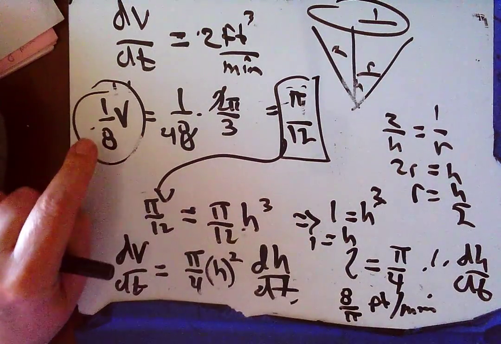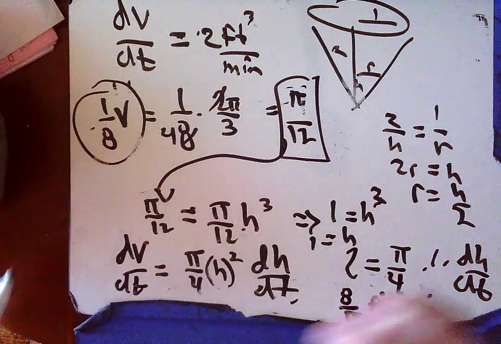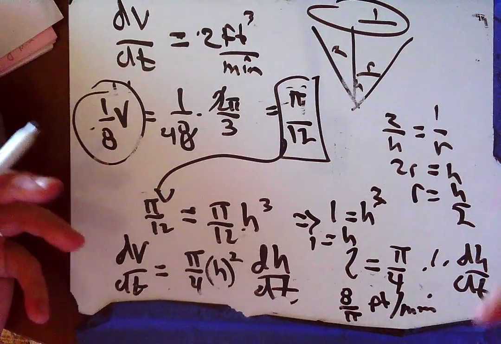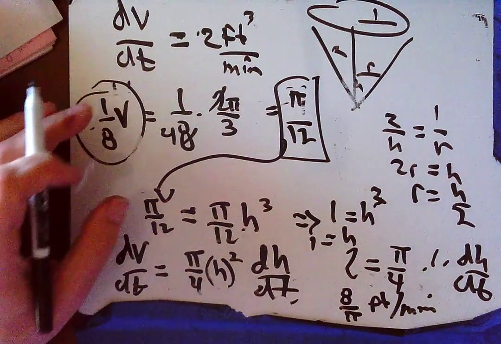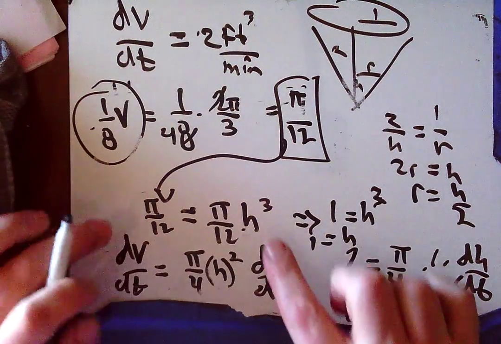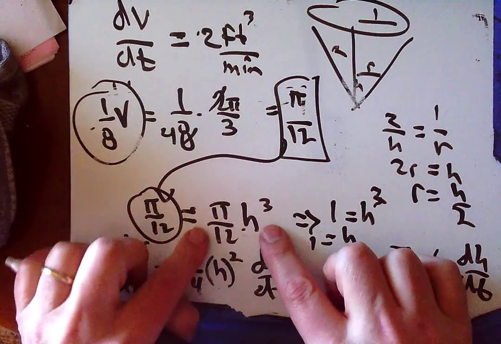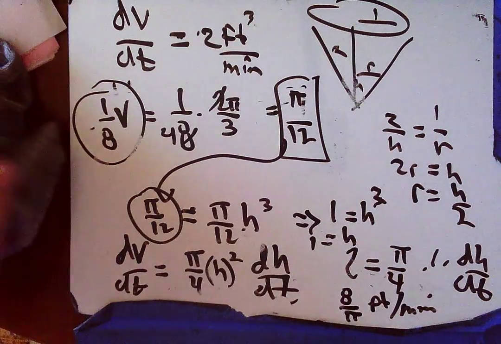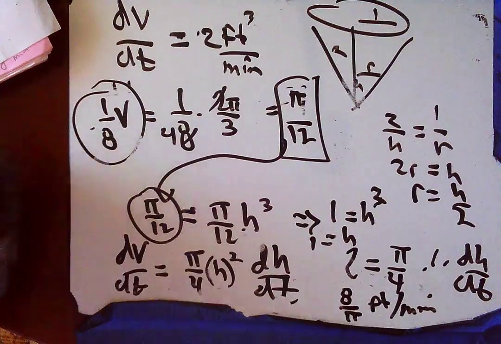And that meant we needed to find out how much is completely filled, multiply that by 1/8 to find what would be the volume when we were 1/8 filled, and then take that 1/8 filled volume number and set it equal to the volume equation. And that's what I did here. I had 1/8 of the volume equal to our volume equation, and I solved for h. All right, and we get 8 over pi feet per minute.